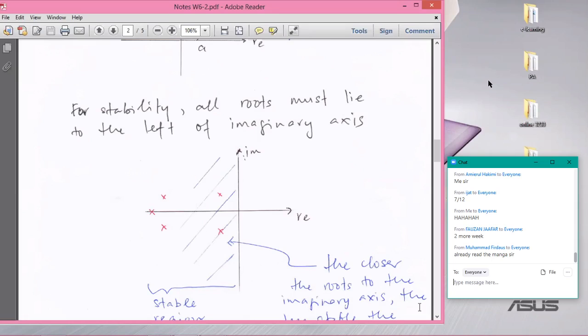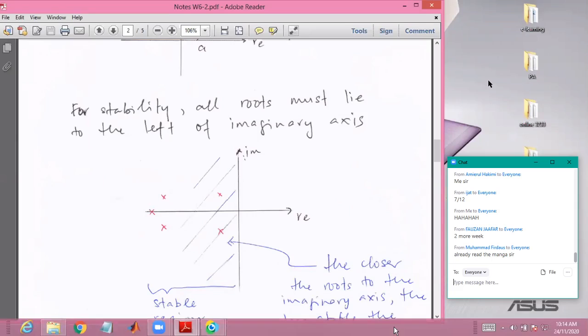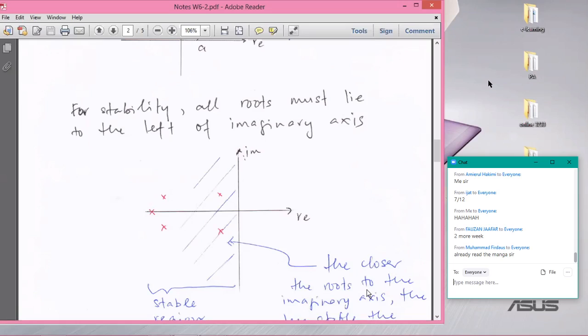At the moment, we are just going to talk about whether the system is stable or not. Later on, when we have drawn the root locus diagram, we can interpret the time response of the system just from the location of the roots of the system.